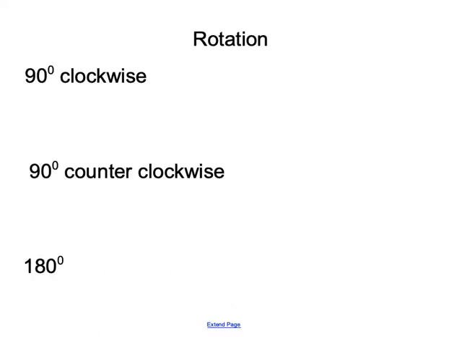Then lastly, rotations. If you are rotating something 90 degrees clockwise, let's say you had, I don't know, a person here, and then I'm going to move him so his foot is on the origin. It's just a better visual, I think.